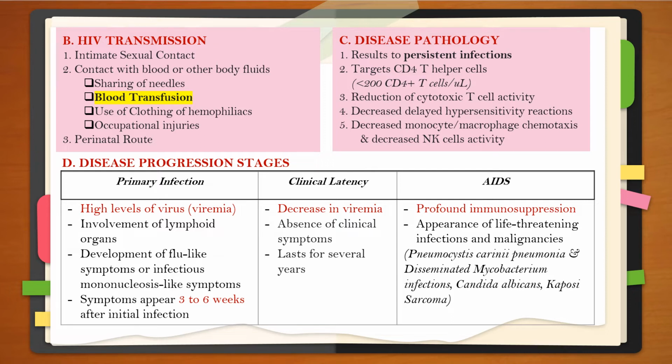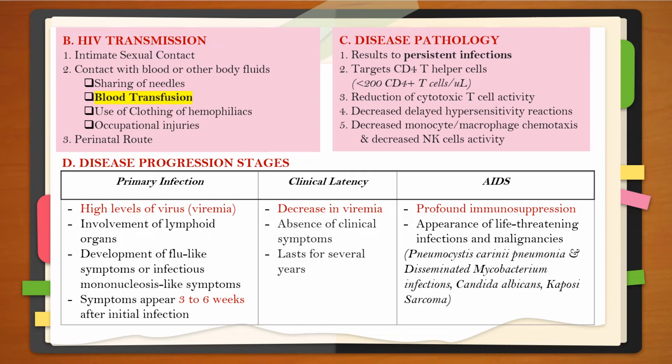There are three HIV stages. For the first stage, there are high levels of viremia, and HIV begins to proliferate within lymphoid organs such as the bone marrow, spleen, lymph nodes, and others, to name a few.